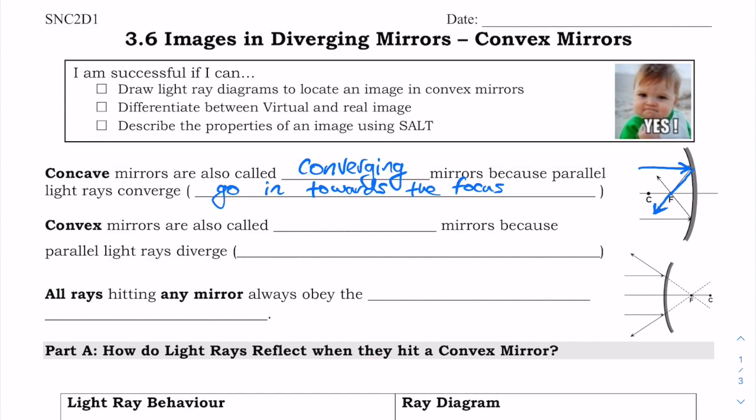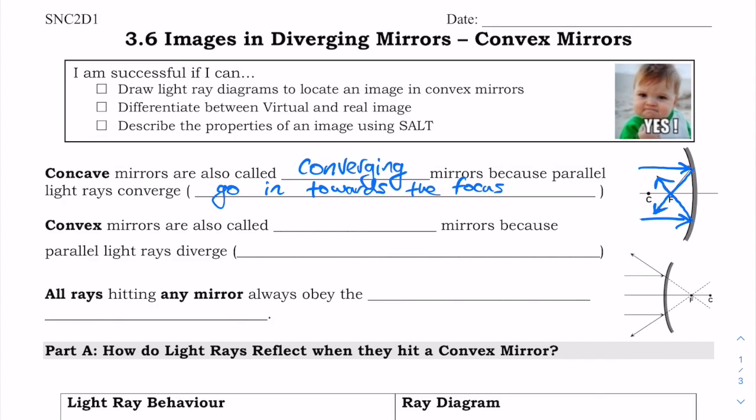Similarly, there's another incoming ray of light below. This one is also parallel to the principal axis, and therefore when it hits the mirror, it reflects and passes through the focal point. So notice that this type of mirror tends to converge or bend the light towards the focal point.